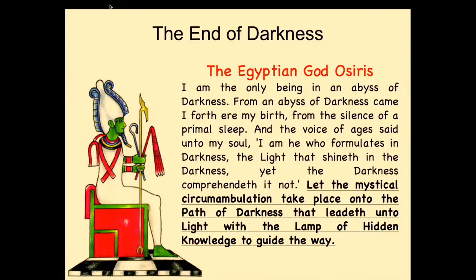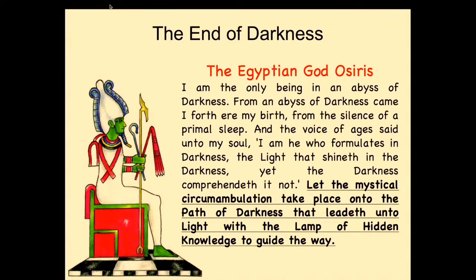This is from the Book of the Dead, the End of Darkness. So this is the title from the old Egyptian, so I think it's Osiris says, "I am the only being in the abyss of darkness. From an abyss of darkness came I forth, ere my birth, from the silence of," and it continues.